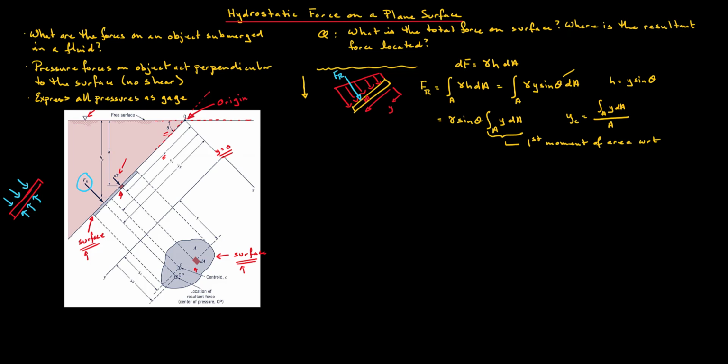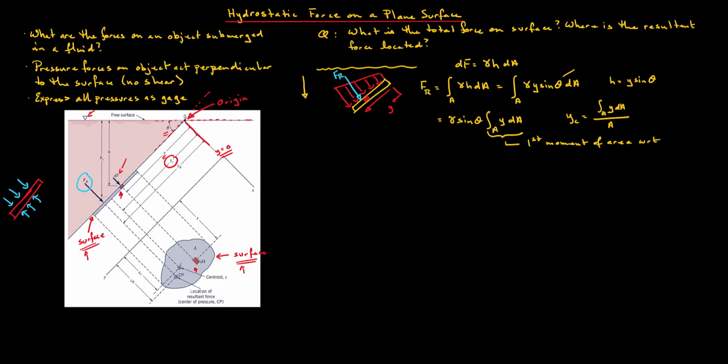And so these are geometric properties. You probably have seen this before at some point. Okay, so the location of the centroid of the submerged body, and again, note that this yc is relative to our origin, so where the y-axis begins.